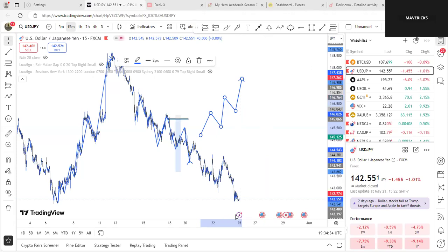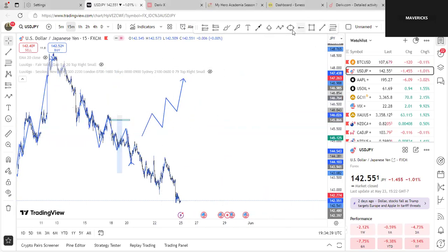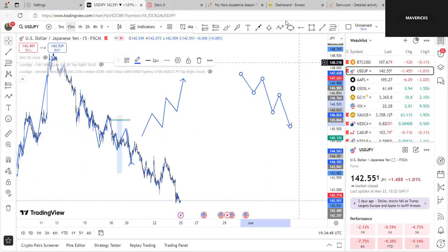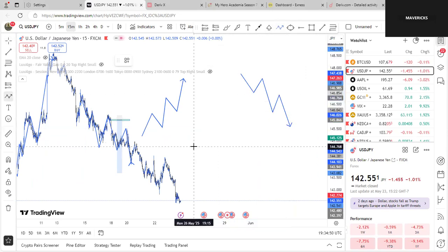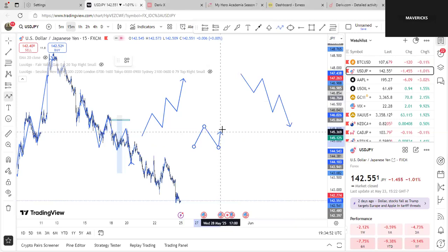Okay, good. So I say the market moves in three phases. We have the uptrend, we have the downtrend, where price is coming down, and price will be creating lower highs, lower lows. And then we have the sideways trend, where price is just moving in a range.